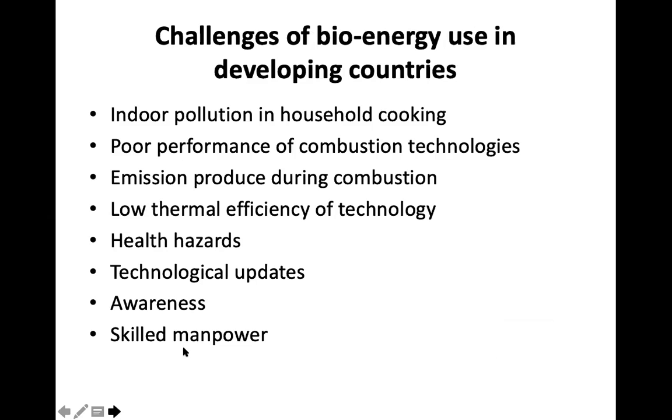Challenge of bioenergy use in developing countries, not only in Bangladesh. Indoor pollution in household cooking. The traditional way we use biomass for cooking is problematic for the cook because lots of carbon dioxide and other nitrous oxide, sulfur oxide, toxic gases are released.